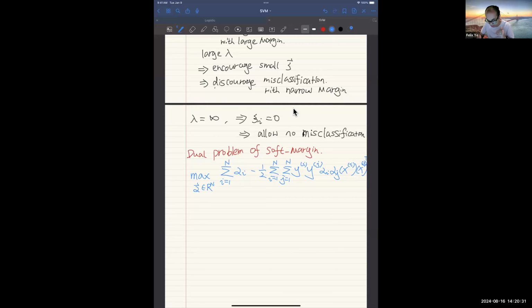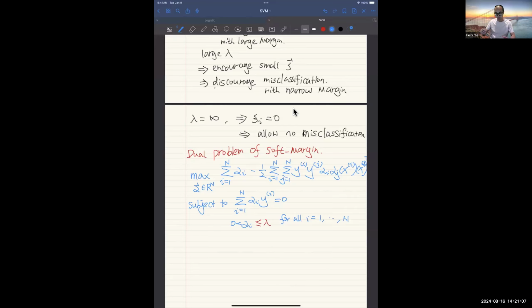This is precisely the same objective as with hard margins, subject to the summation i from 1 to n of alpha_i y_i equal to 0. This is also the same. And alpha_i is bigger than 0. The only difference is you need to set alpha_i less than or equal to lambda for all i from 1 to n.